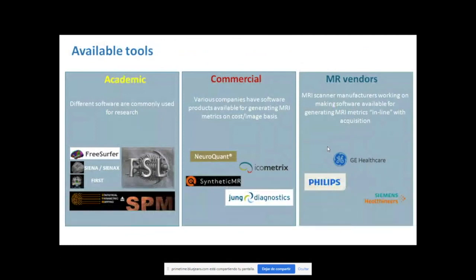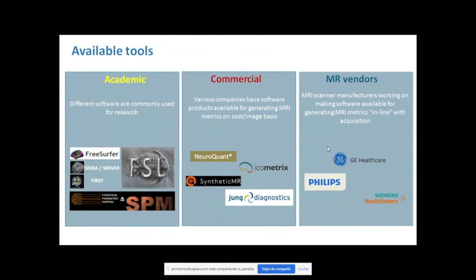We have three different types of tools. We have the academic ones that have been used for many years, particularly in research centers or for doing research studies or clinical trials, in which different programs provide different software that is designed for a specific task, such as the FSL library or the SPM.